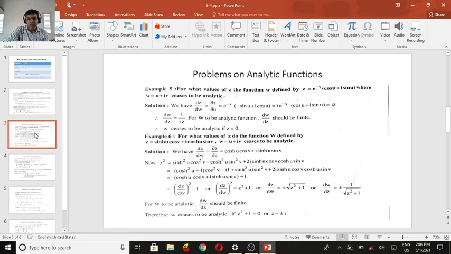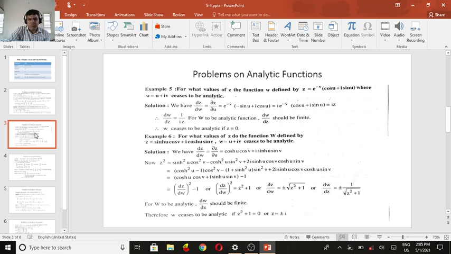Again, we now take z square. If we square z, we can write that term as sin hyperbolic square u cos square v minus, because I square is minus 1, cos h square u sin square v plus 2 times I sin hyperbolic u cos v cos hyperbolic u sin v. Again we collect that.